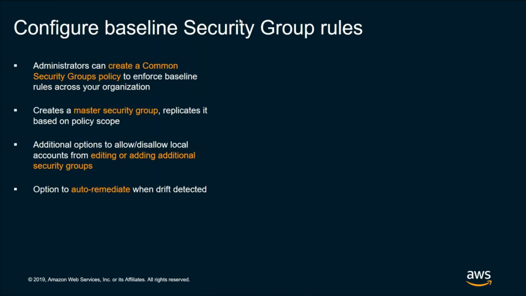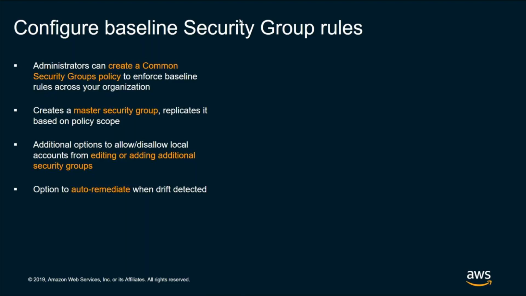This is just a type of policy you create in Firewall Manager, which enforces a set of baseline security group rules across your organization. So you simply create a master security group in the Firewall Manager administrator account and have Firewall Manager replicate that rule across a set of resources that you add inside the scope of a Firewall Manager policy. We'll talk about this in more detail in a bit.